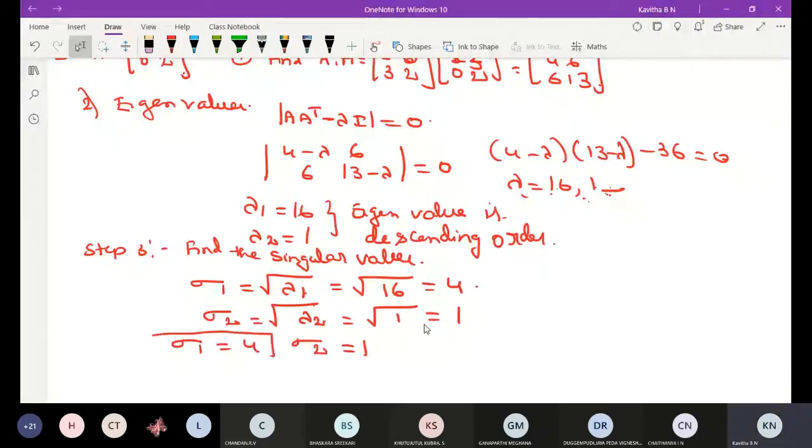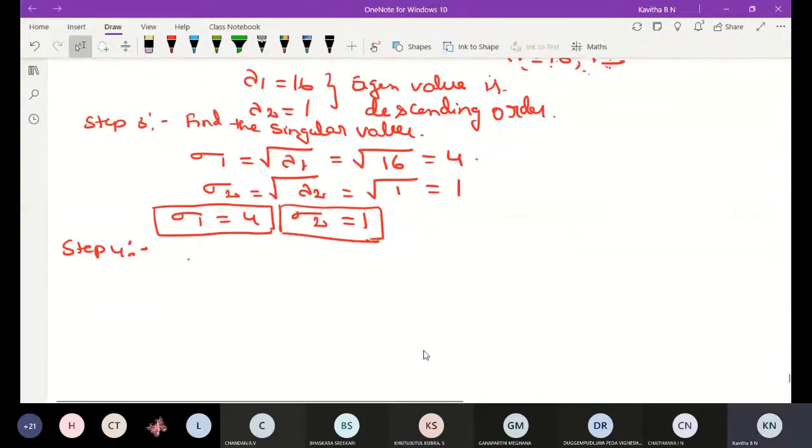The next step 4, right? This is eigen values. We need to find the eigen vector, using the eigen values. Write down here: A into A transpose minus lambda I into X is equal to 0.